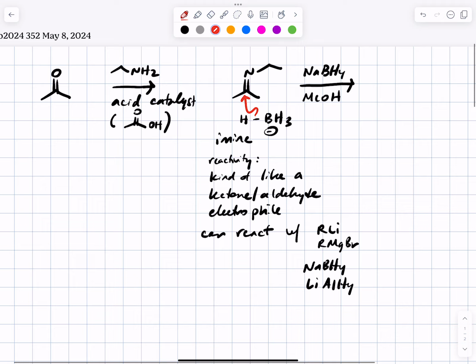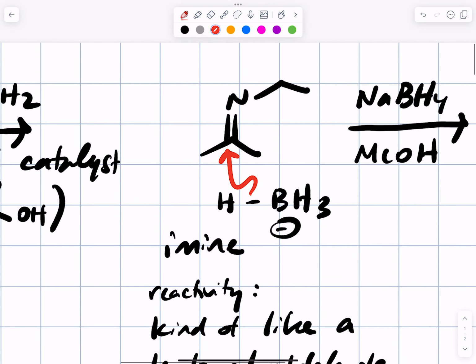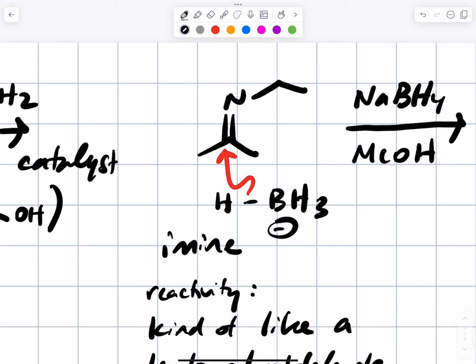Delivery of the hydride to the carbon-nitrogen pi star, breaking of the carbon-nitrogen pi bond, probably at the same time to avoid buildup of negative charge on the nitrogen, which is really unstable. The lone pair on the nitrogen picks up a hydrogen from solvent.